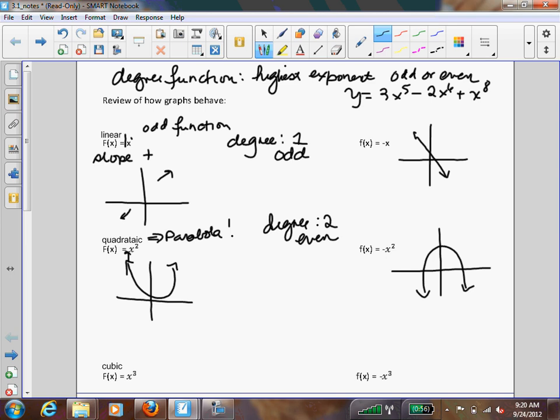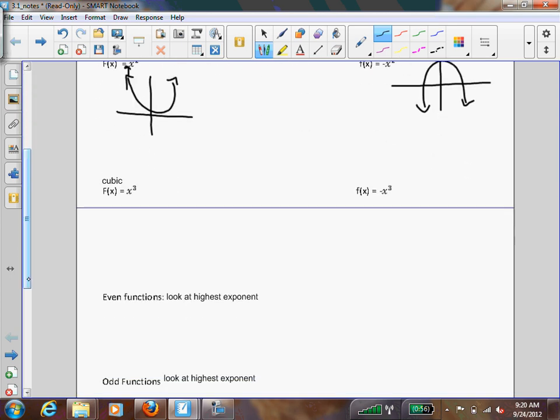Cubic. All right, so here, cubic functions, in your mind you need to know what these look like. Cubic functions do this if they're positive. They hug the y-axis, always. Eventually, the tails are going up and down. So the tails have to be in the first and third quadrants if it's positive.